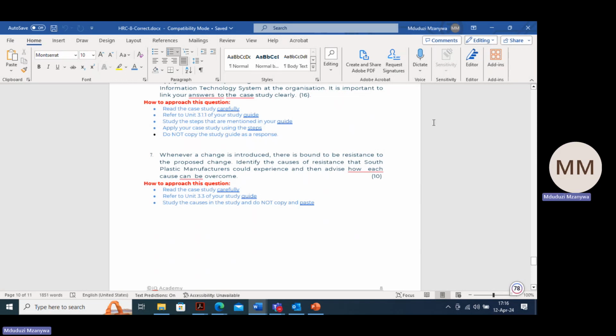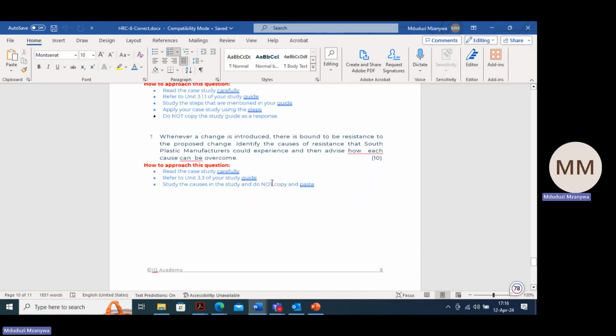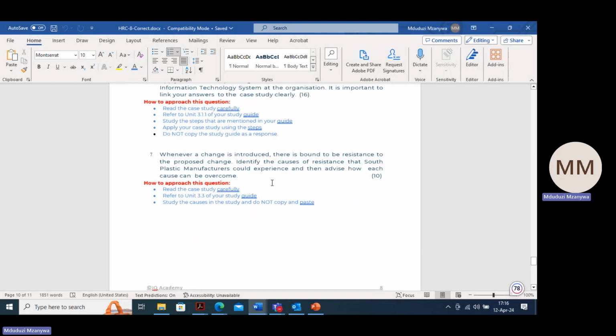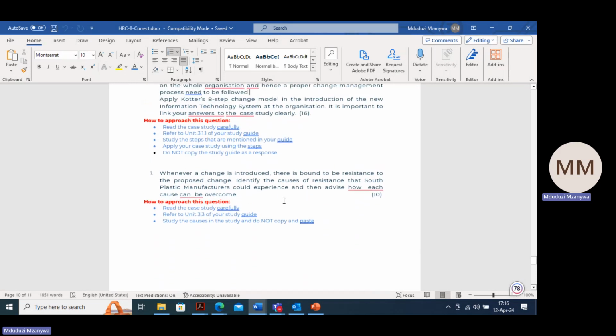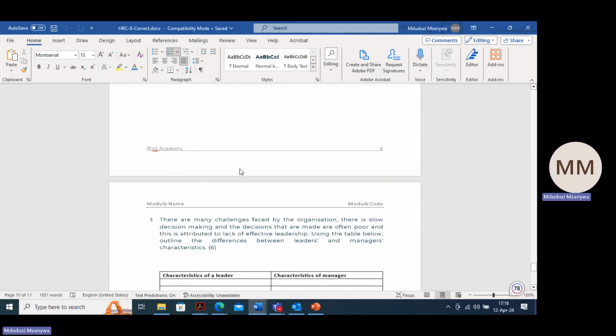So if we look here, unit 3.3, you will find in your study guide the different causes of resistance to change, and also the different ways in which that resistance can be overcome. Please do not copy and paste that. Find those that are suitable to South Plastic Manufacturers and add that and discuss that, and then you would receive your mark.